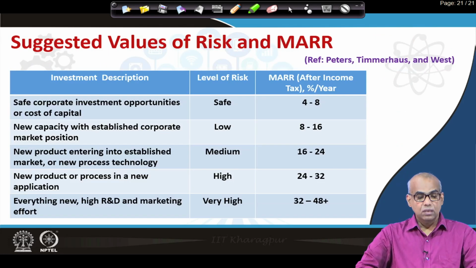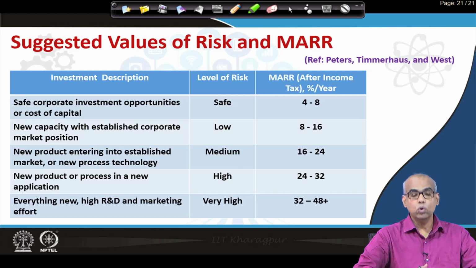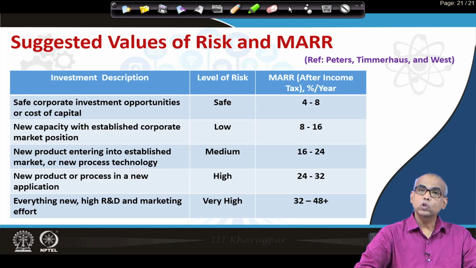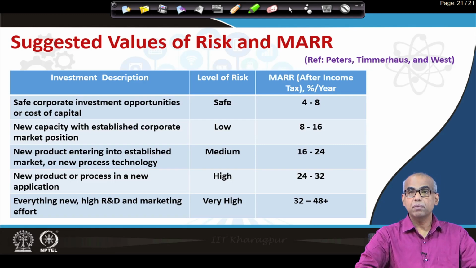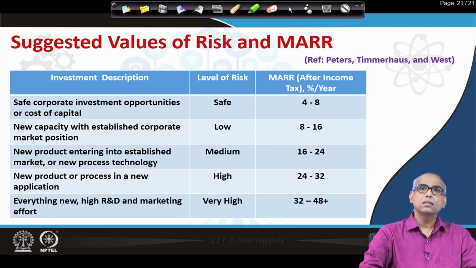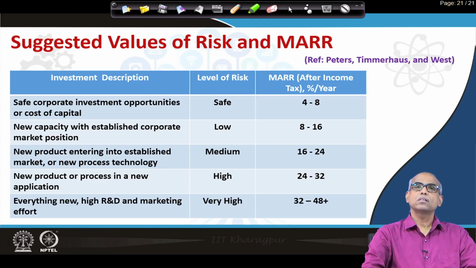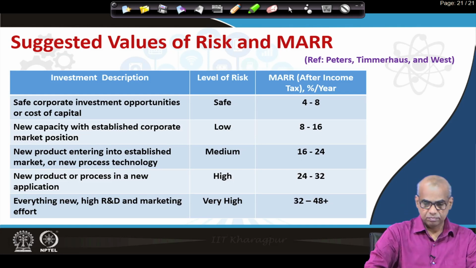So, here a table is presented which shows suggested values of risk and corresponding minimum acceptable rate of return. In the absence of any other guidance, this table can be used to understand the level of risk and pick up a minimum acceptable rate of return against which you will perform the economic evaluation of your business proposal.